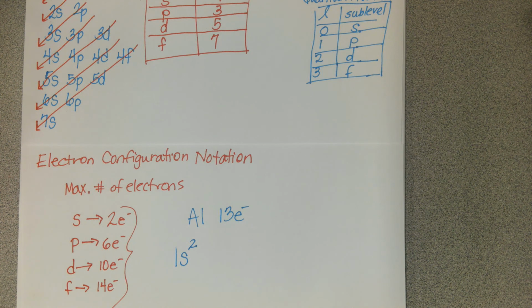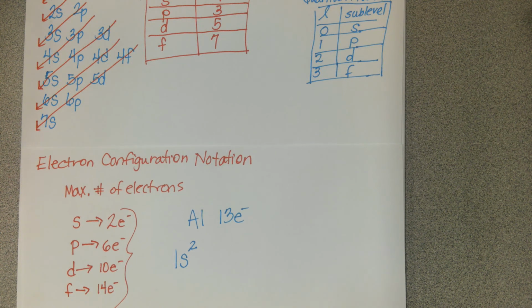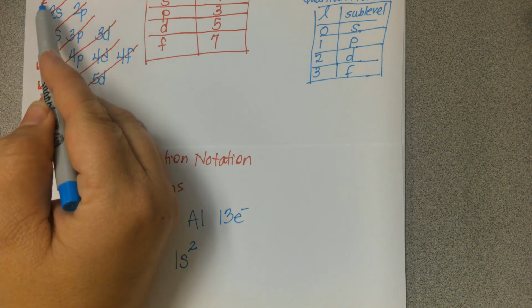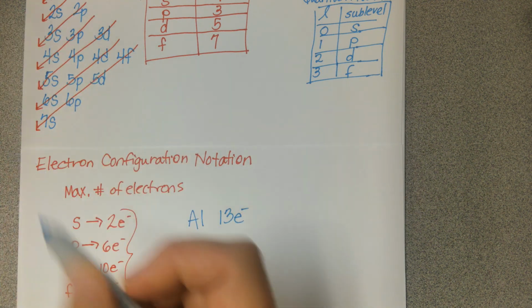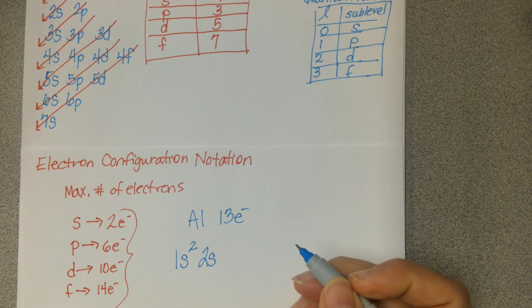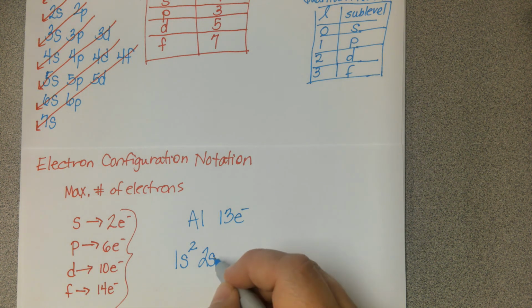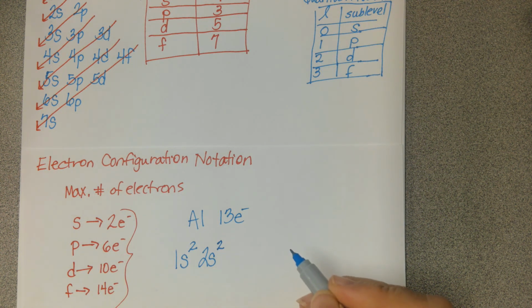That means 2 electrons, so a 1s sublevel with 2 electrons in it. That's full. So I move on to the next one, which is 2s. I write that down, 2s. And again, I'm just going to put how many electrons can go in that sublevel. An s sublevel with its 1 orbital can only hold 2 electrons.